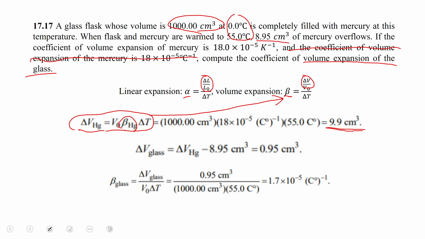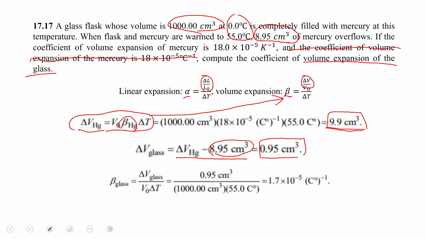And we know that 8.95 centimeter cubed of the mercury overflows. So that means the difference is 8.95, and we just subtract this number from the mercury's volume change, then we get the volume change for the glass flask. We use the change of the mercury value minus the volume that overflowed, then we get the volume change for the glass.